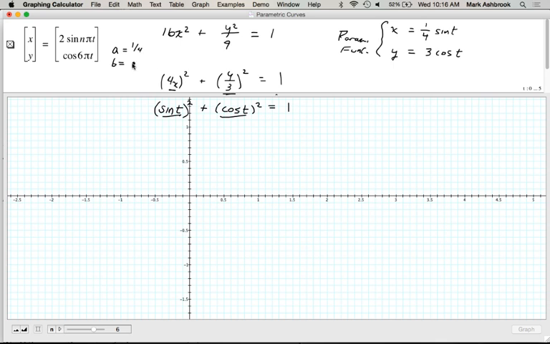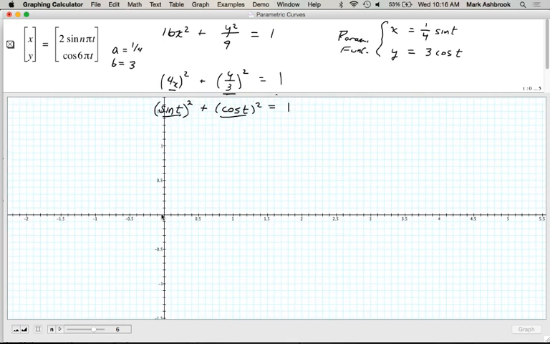And then b would be 3, right? x squared over a squared, y squared over b squared. So a would be 1/4, and b would be 3. So I need a new scale here on my axes. There we go.